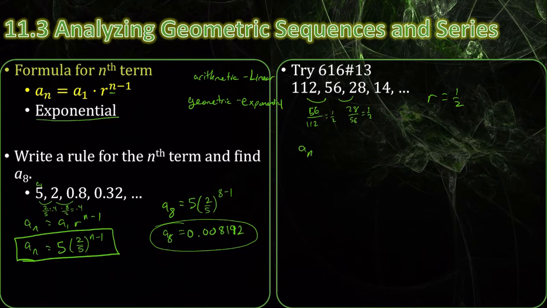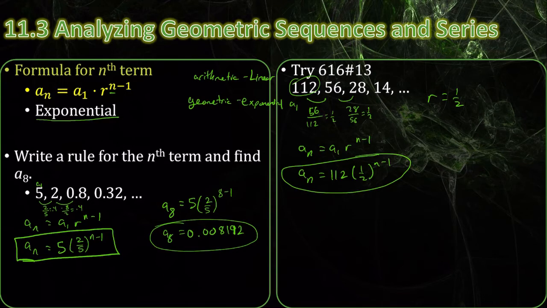All right, so it's a_n equals a_1 r to the n minus 1. a_1 appears to be 1/12. It's just your first term. r is 1/2. There you go. Can't multiply the numbers because the 1/2 has the exponent, the 1/12 does not.